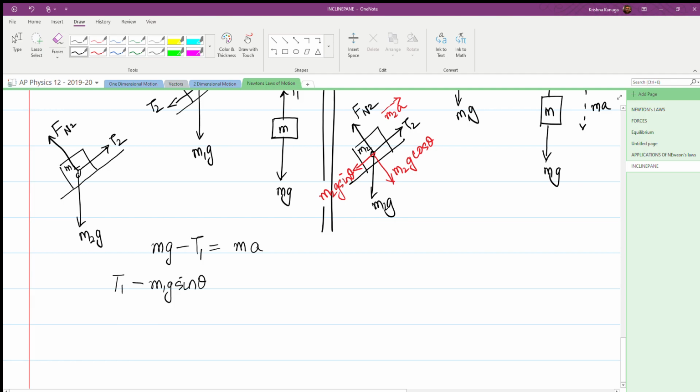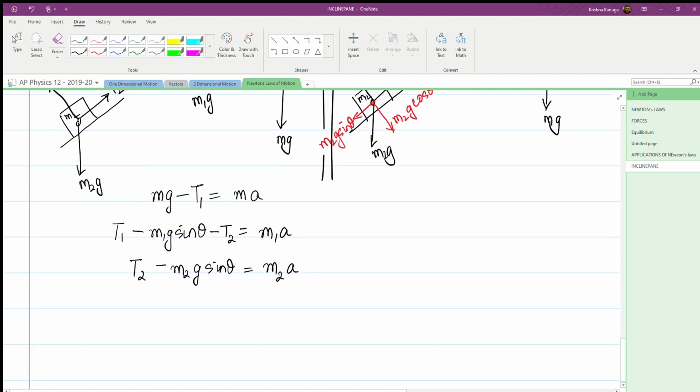Don't try to use parentheses and all that, just write the signs correctly. And for block M2, all we have is T2 pulling it up and M2G sine theta pulling it down, and the result is equal to M2A.